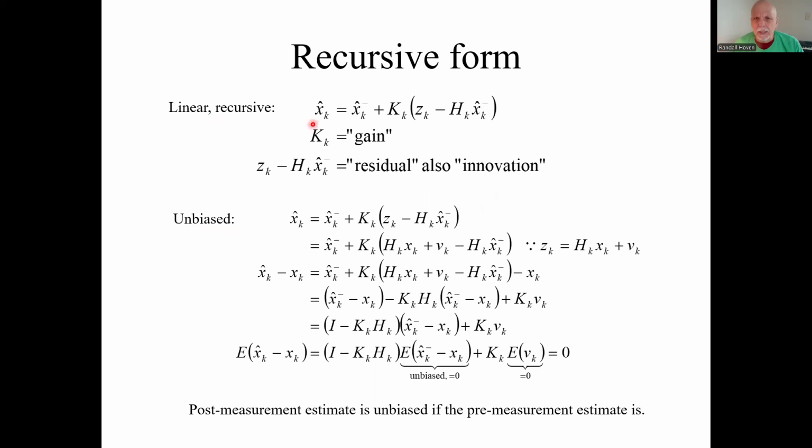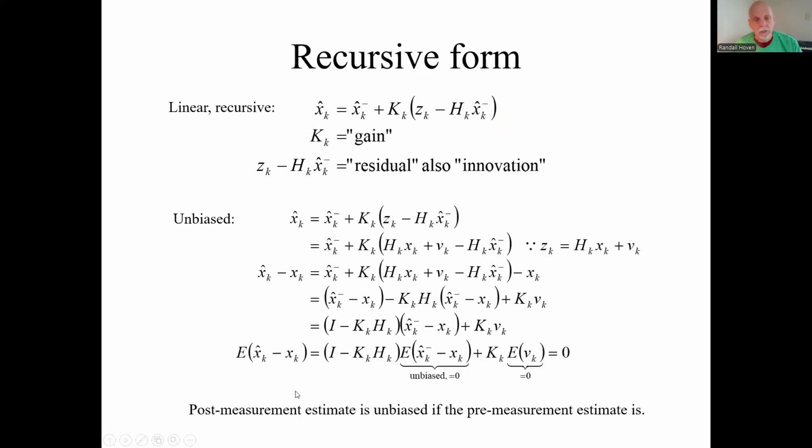We update an estimate at time step k based on our previous estimate for time step k based on previous measurements. But now we're going to crank in a new measurement at time k. So this is the way we update our state estimate.